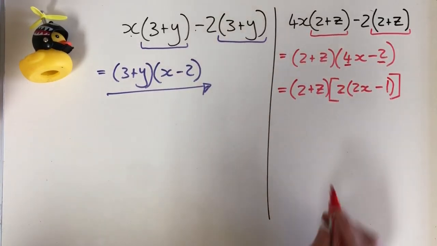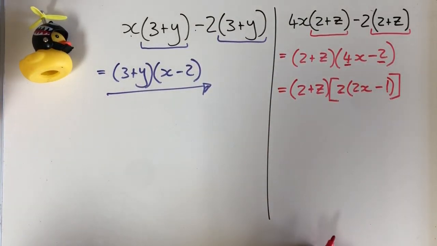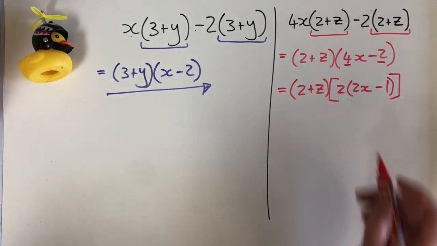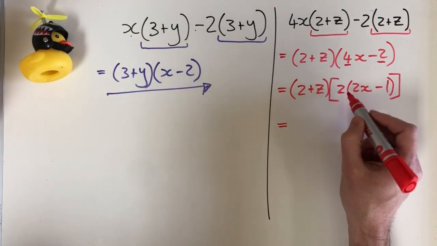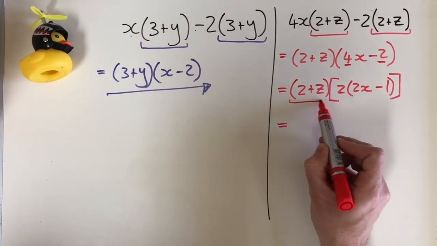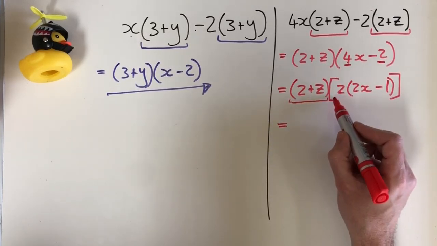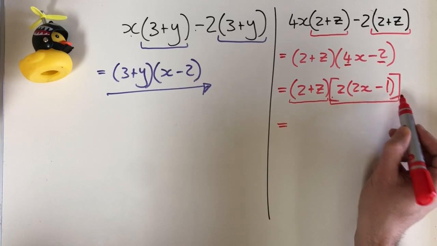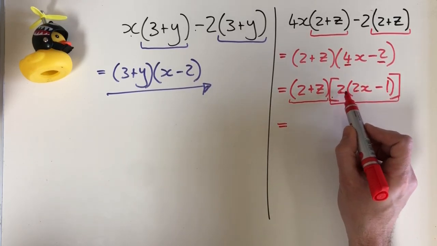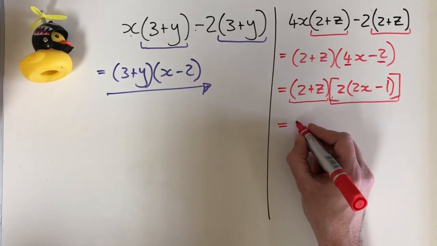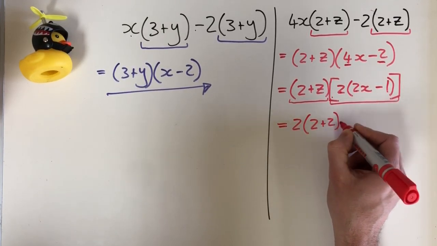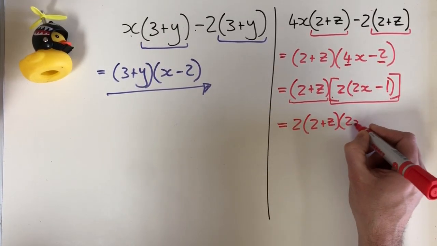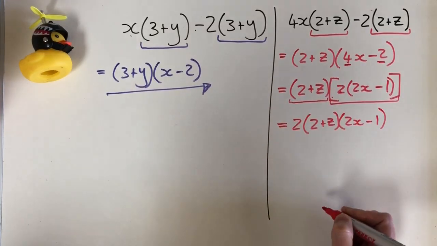And there we go. So this is a very big factorizing thing. Although I can reduce this a little bit, because this is just a bracket times another bracket, I can move this 2 out. Just write it like 2 plus z, and 2x minus 1.